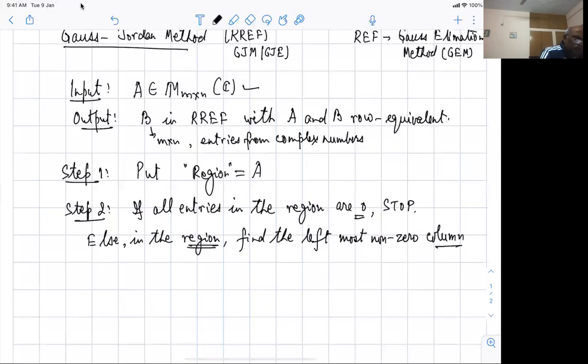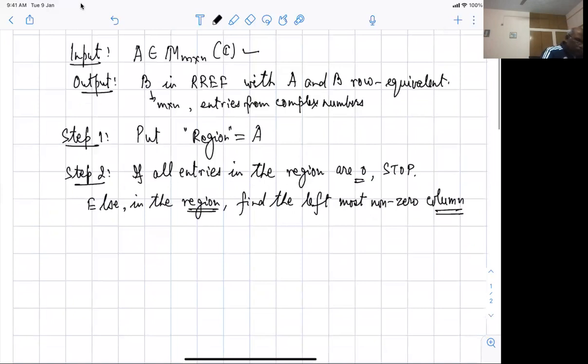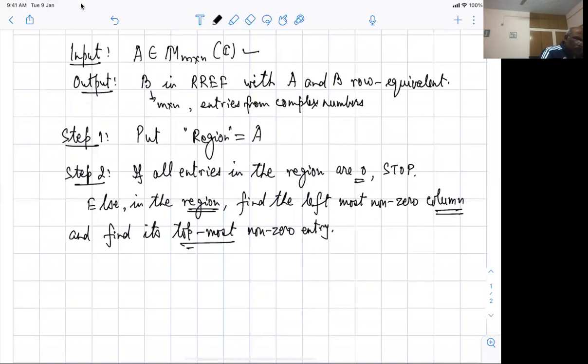I'm looking at the non-zero column here, not the non-zero row. Find its topmost non-zero entry.